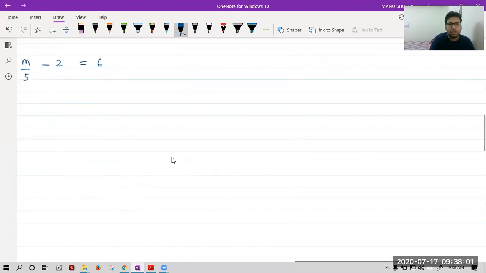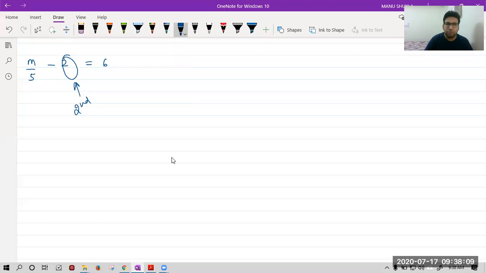Same thing, what we are doing, first understand that thing. This is the first term and this is the second term. You are subtracting the second term from the first term to get the answer. I won't be able to read the whole answer because it's a very long statement. We are subtracting 2, which is the second term, from the first term.